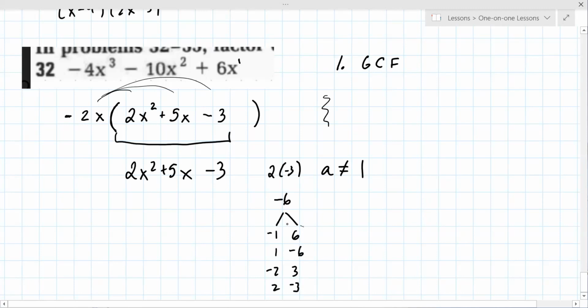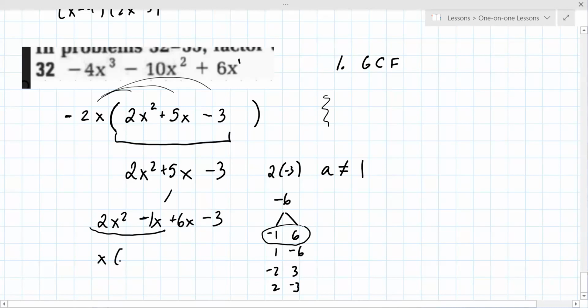Negative 1 and 6. Negative 1 and 6. So this one breaks apart into minus 1x plus 6x. There's always an x with it. Bring down the minus 3, bring down the 2x squared. So what's the GCF here between those two? 2x squared minus 1x. Just x.